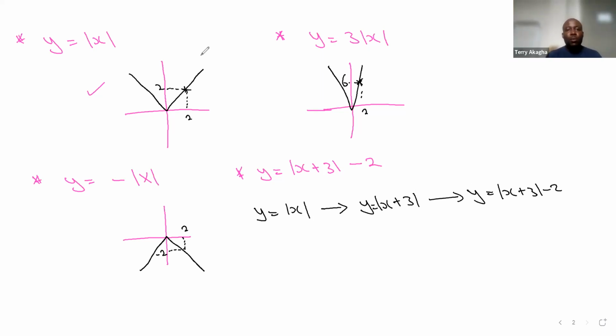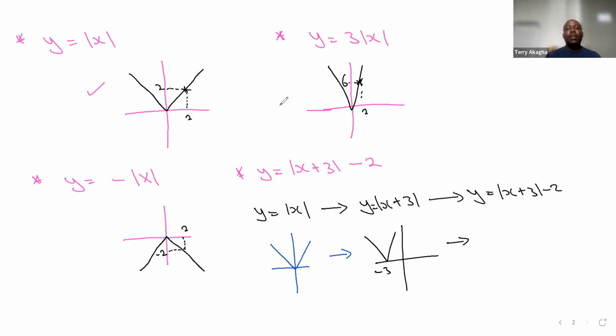So what you can do, the same thing, you draw the graph. So it was transformed from this. Can you see? Then the next transformation that happened, it was plus 3. So it's going to move 3 units in the negative direction. So that means we're going to have something like this. You see? We'll move 3 units in the negative direction.